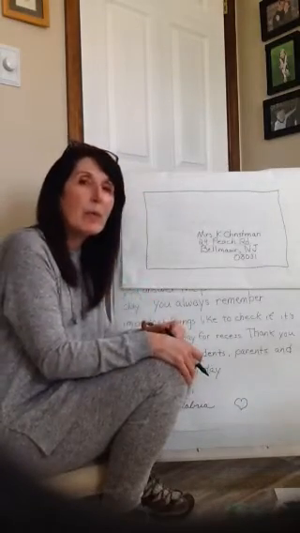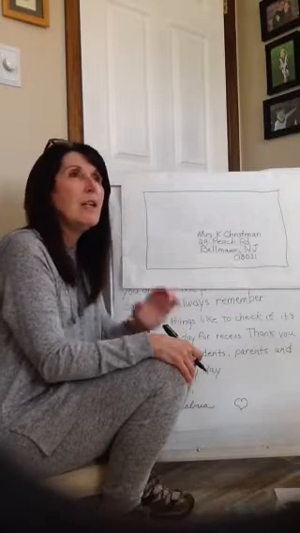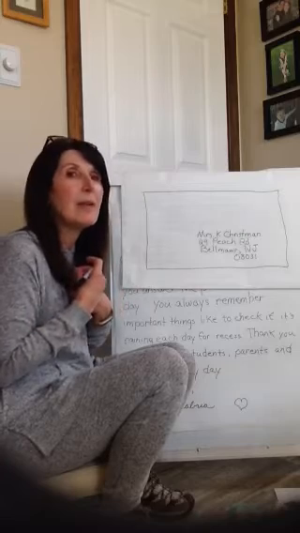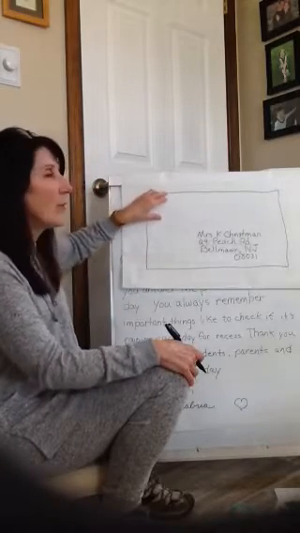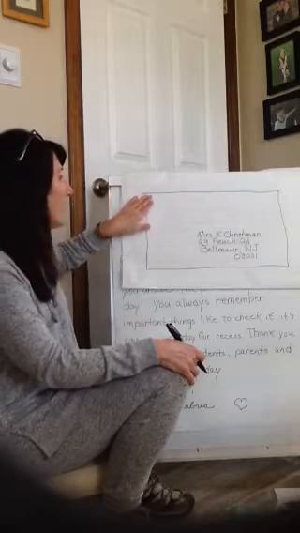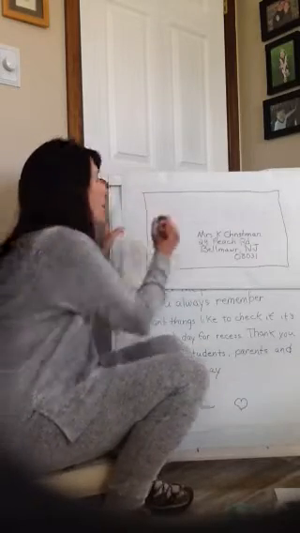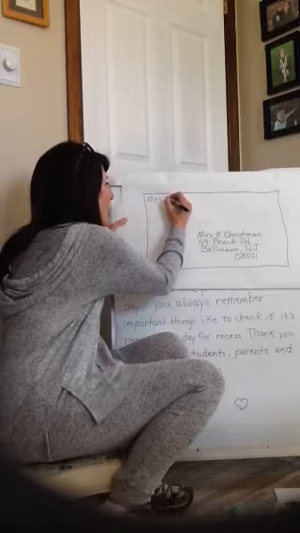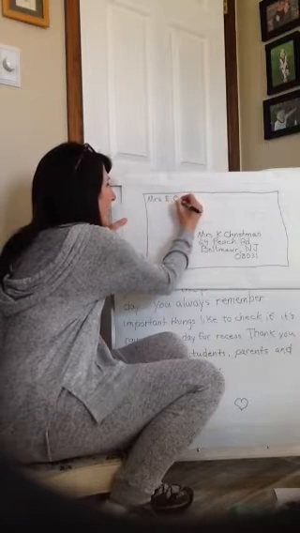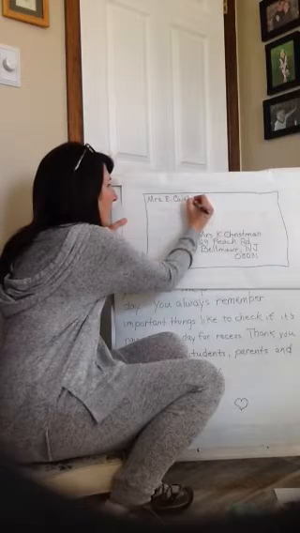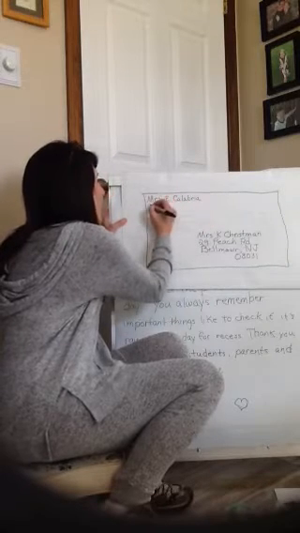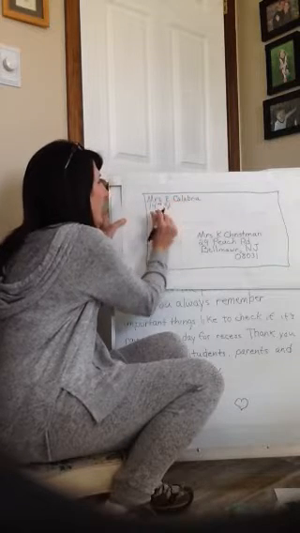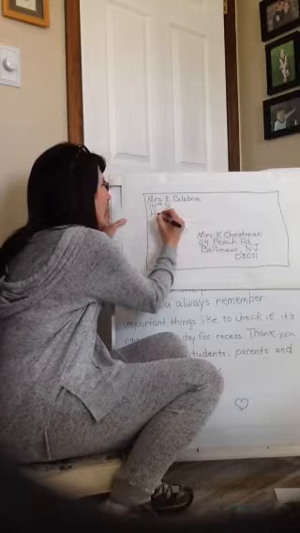Now we have to put what's called a return address, just in case something happens and then it gets returned to you as the sender. So the person who's sending the letter, their address goes up here in the left-hand corner. So I'm going to put my name here. And my address, my street, and now my city.